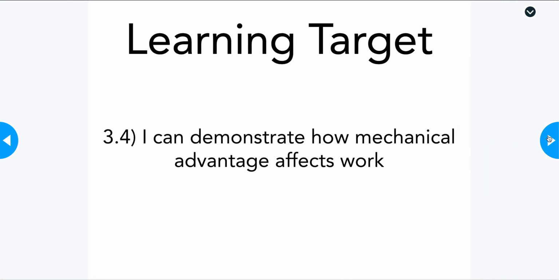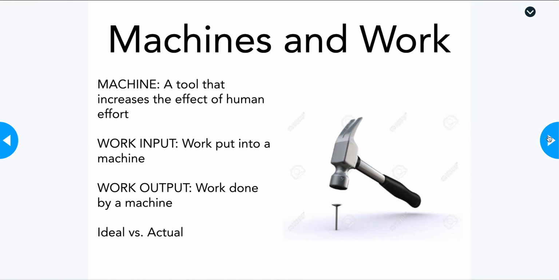All right, our learning target for today is I can demonstrate how mechanical advantage affects work. So let's start off with this. We talked about machines the other day, and specifically simple machines. But what we're going to do now is connect those machines to the work that they do. As we said before, a machine is a tool that increases the effect of human effort.